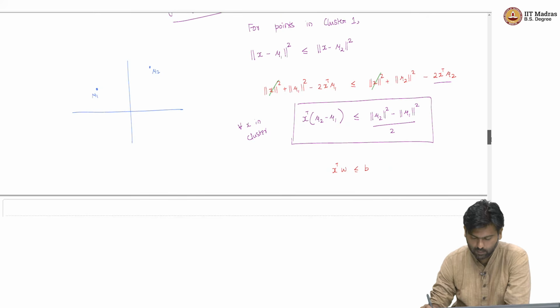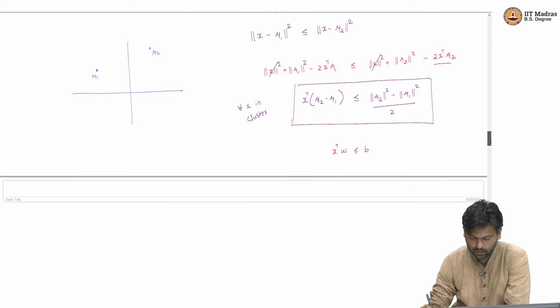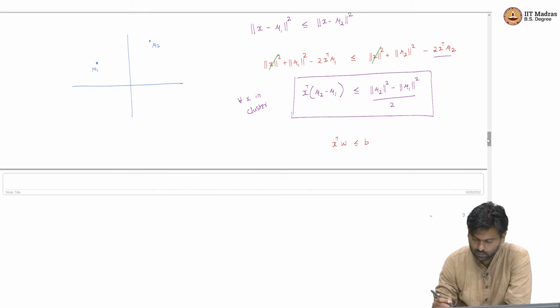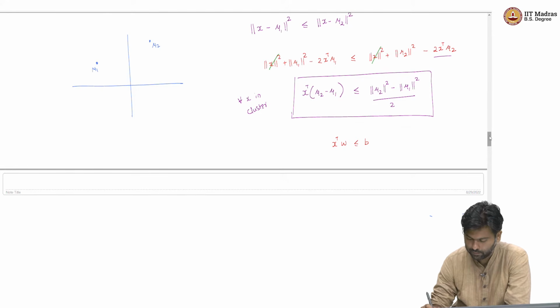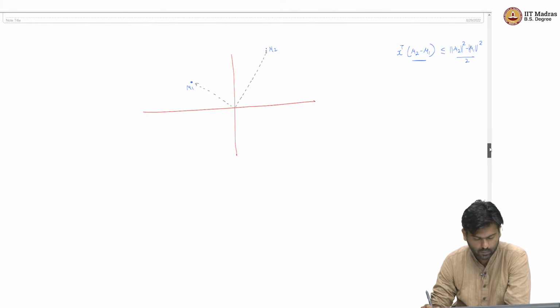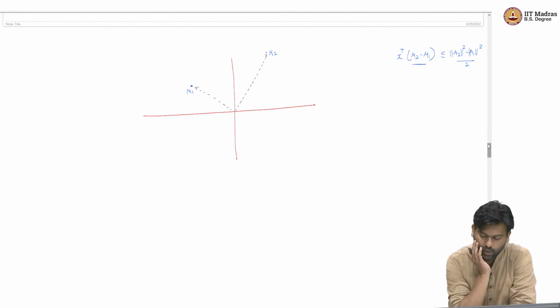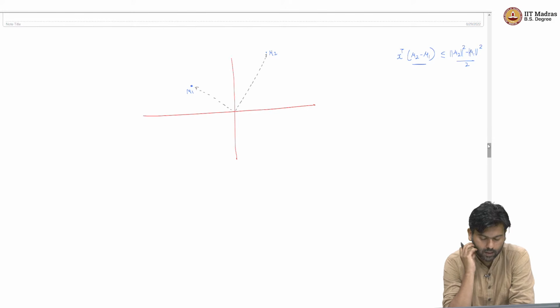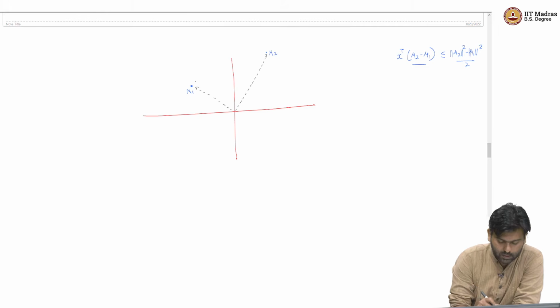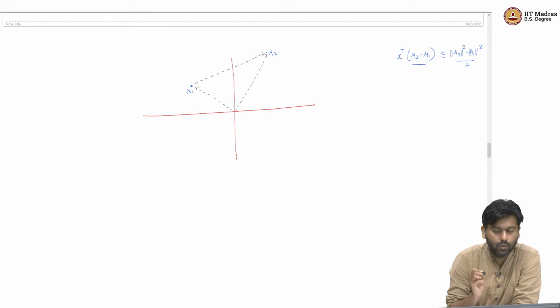Let me just confirm the order. Yes, this is correct. So, where would mu2 minus mu1 be? Mu2 minus mu1 is what you would add to mu1 to get to mu2, which means it is this.